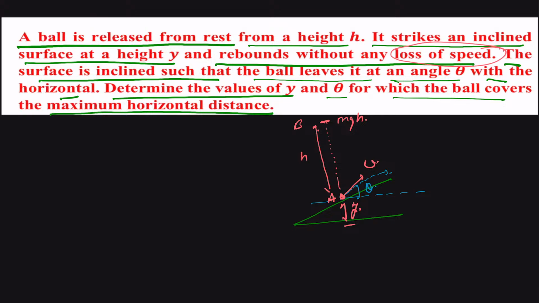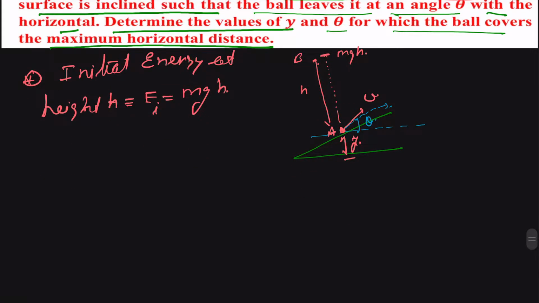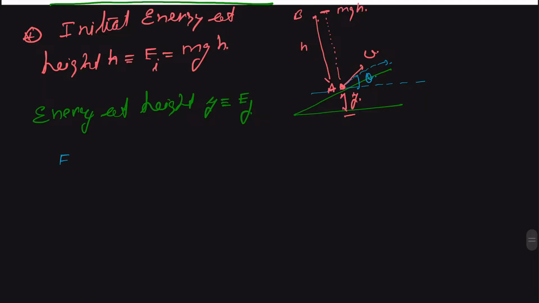Therefore, you can say that the initial energy at height h, let us call this E initial, will be equal to mgh, and then we come to the energy at height y, let us call this E final, and this E final is the combination of kinetic energy and potential energy, that is mgy.